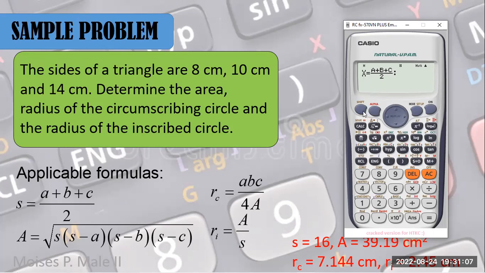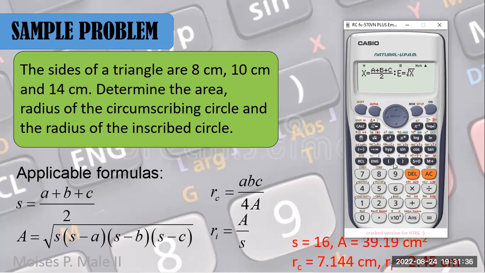Tapos to get the area, since we need to use that value here, lagyan natin ulit ng, okay, let's try E, kasi nagamit natin yung letter A. So E for area. So area is equals to square root of that value of X. Nung makukuha niyang value, isa-substitute niya dito.